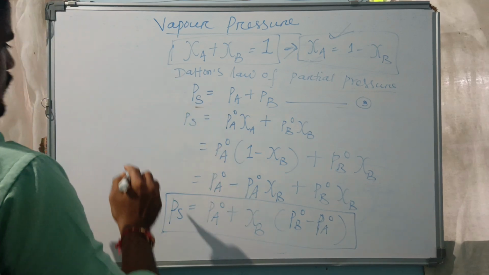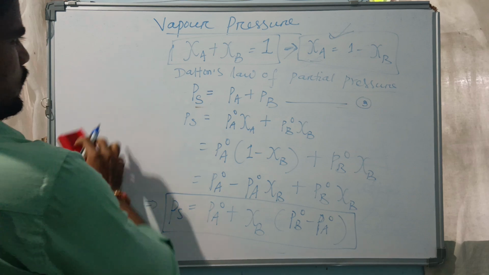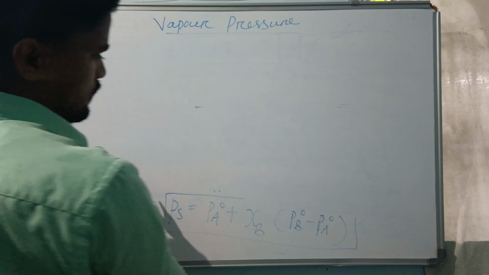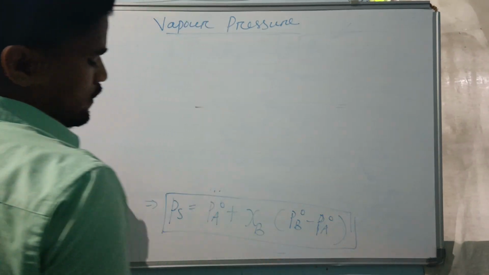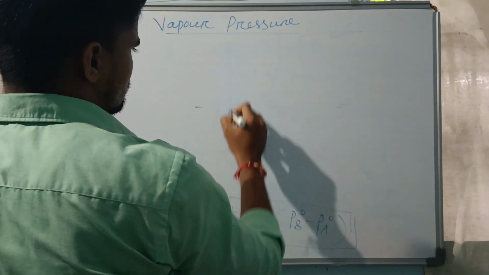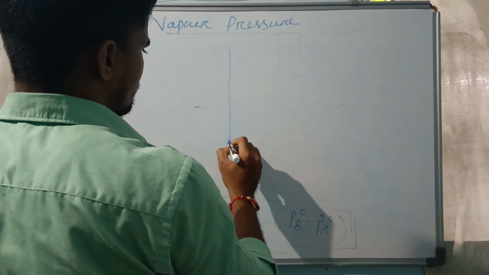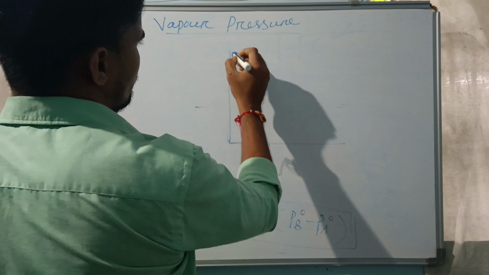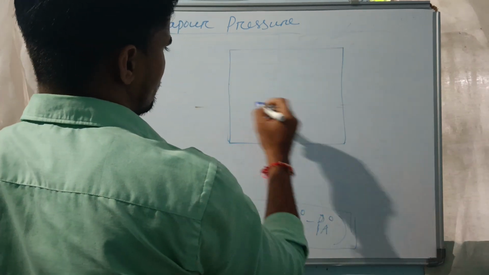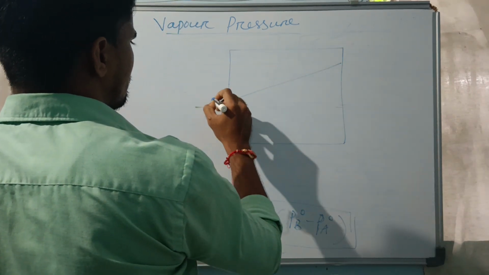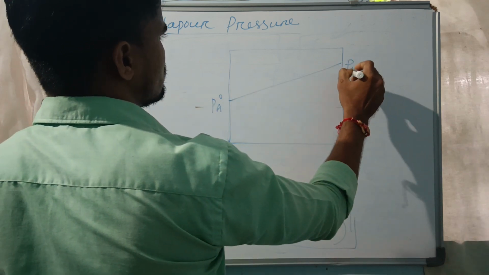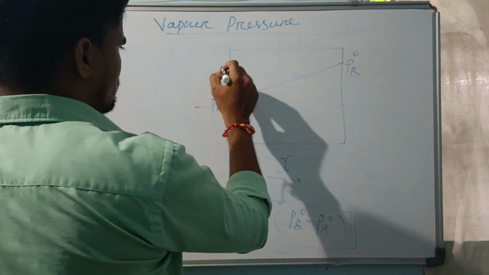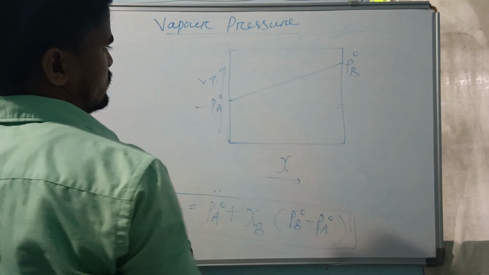So if you see the plot of this equation, if you draw a plot of this expression, vapor pressure versus mole fraction, this is PA naught, this is PB naught, this is mole fraction, this is vapor pressure.